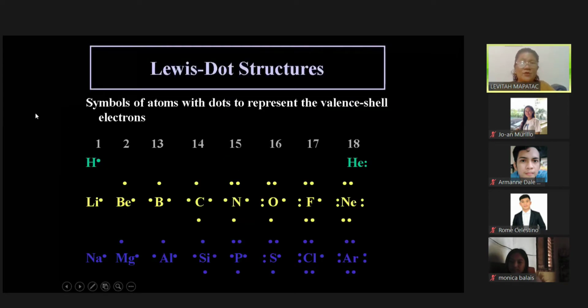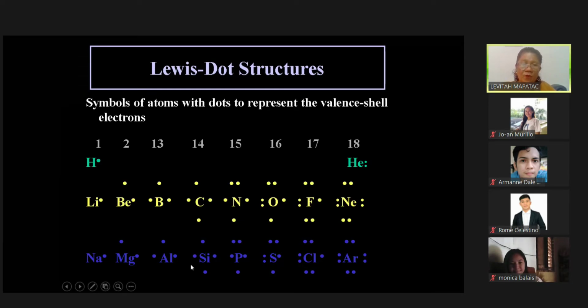Okay. So here it is. In group 1, we have hydrogen, lithium, sodium. All of these represent one dot because this belongs to group 1A. Beryllium, magnesium, group 2. Then aluminum, then boron, group 3, 3 dots.